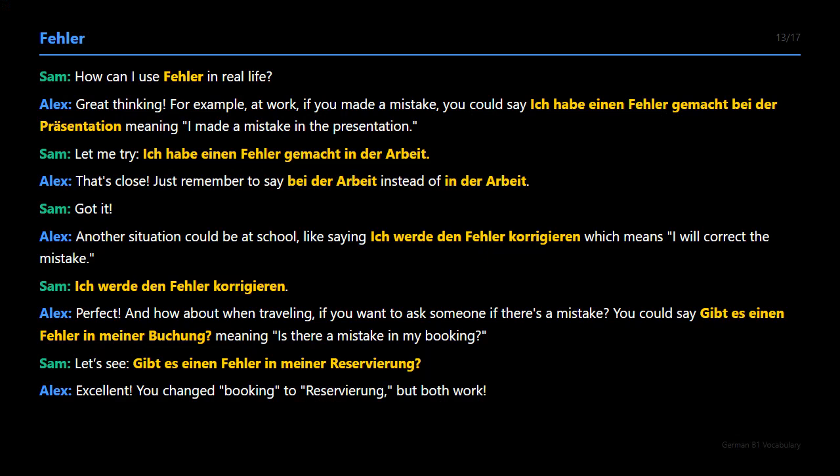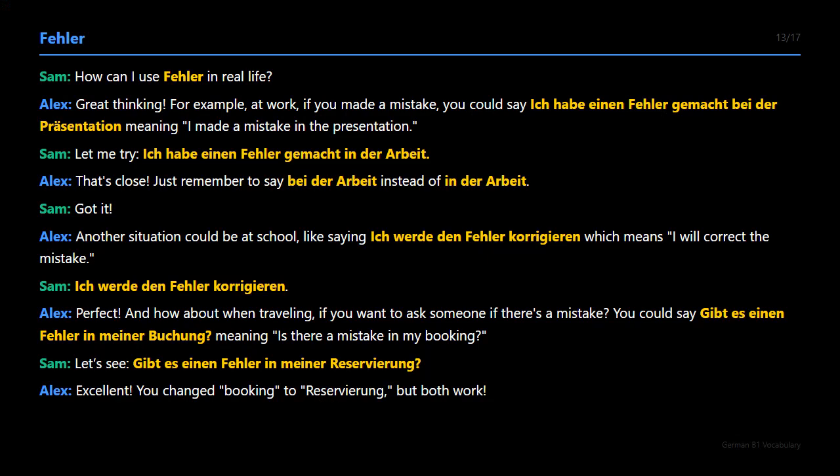Got it. Another situation could be at school, like saying, Ich werde den Fehler korrigieren, which means I will correct the mistake. Perfect. And how about when traveling, if you want to ask someone if there's a mistake?